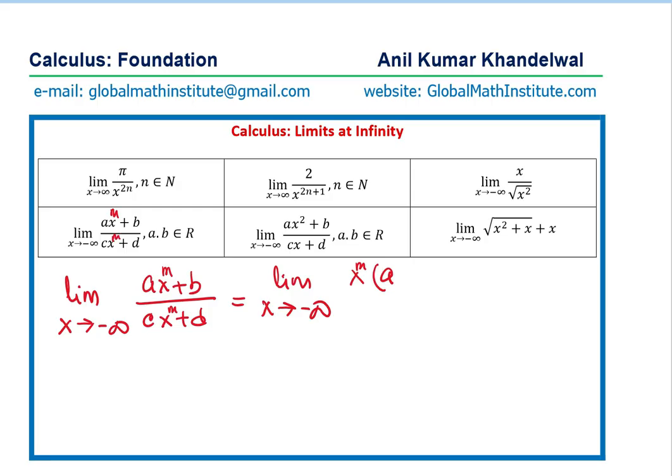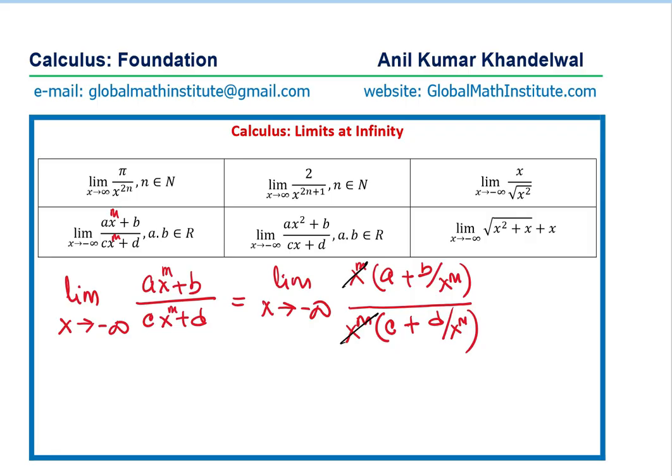So same power x to the power of m taken outside, we have a plus b over x to the power of m. And here we have x to the power of m, and we have c plus d over x to the power of m. Perfect. Now in this particular case, you can see the same powers of x, they get cancelled out.